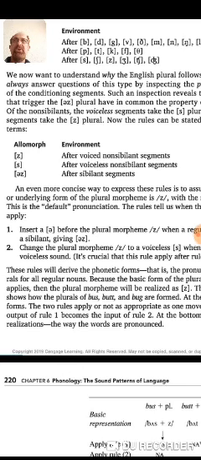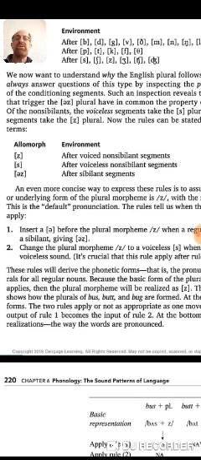Number two, the plural is sometimes z, sometimes s. The rule is that anytime we have a voiced sound at the end, we add z. Anytime we have a voiceless sound, we add s. So with cat, we add s, so it is cats.